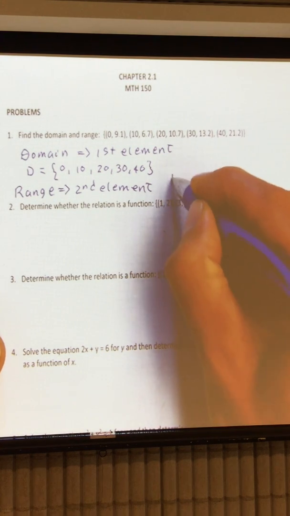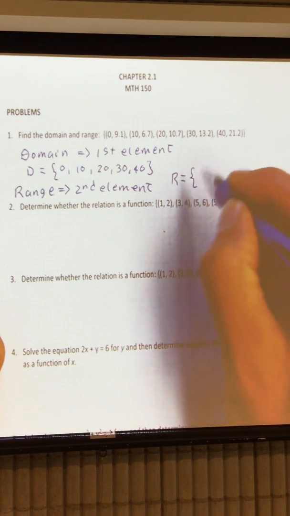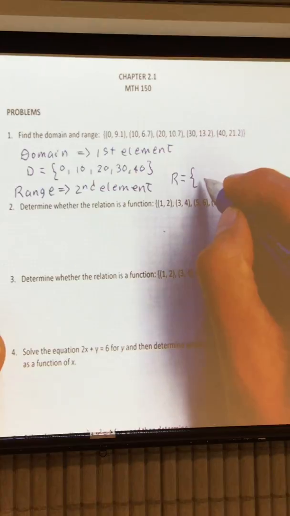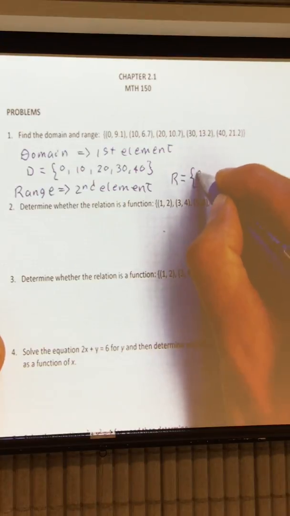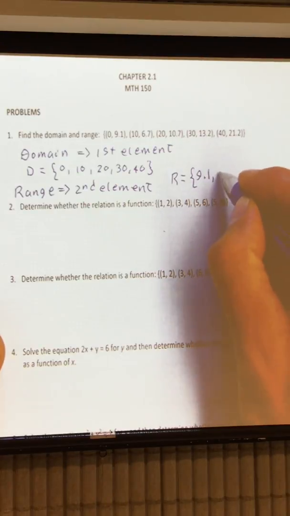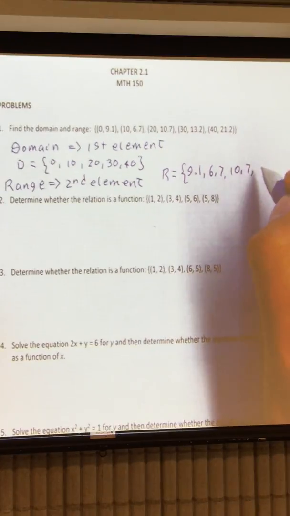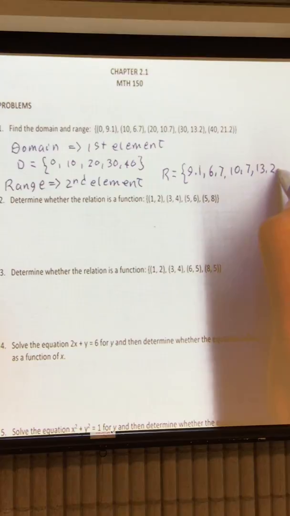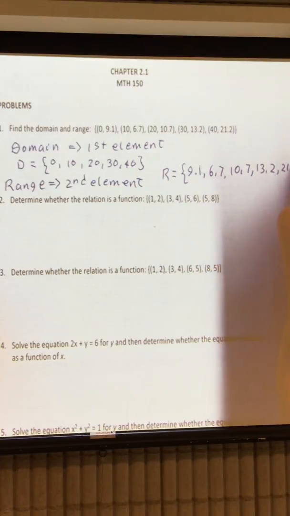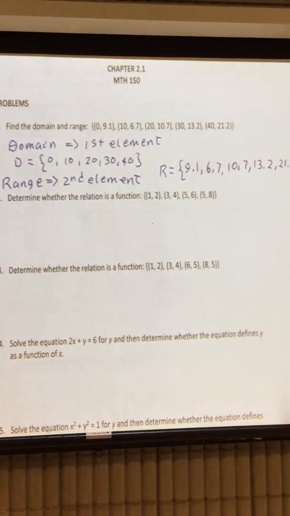And the range we'll symbolize by the letter R, and we'll write the second element of each ordered pair being 9.1, 6.7, 10.7, 13.2, and 21.2. And that would be the domain and the range.